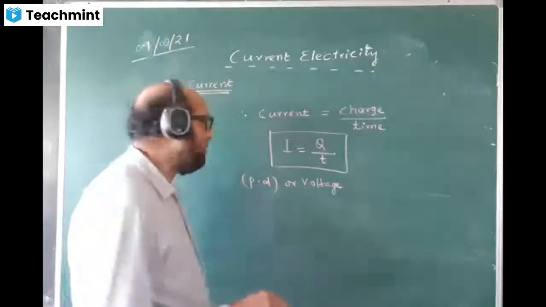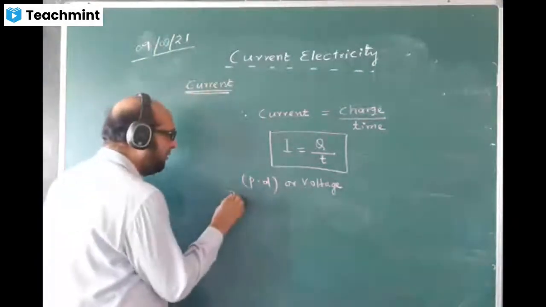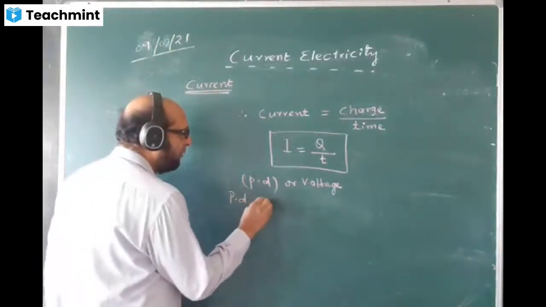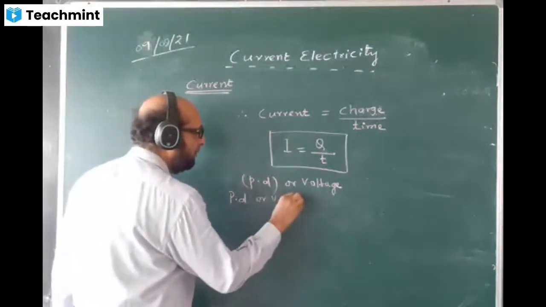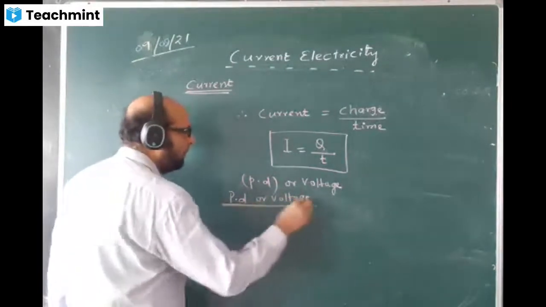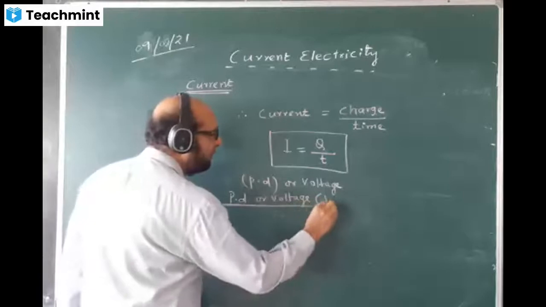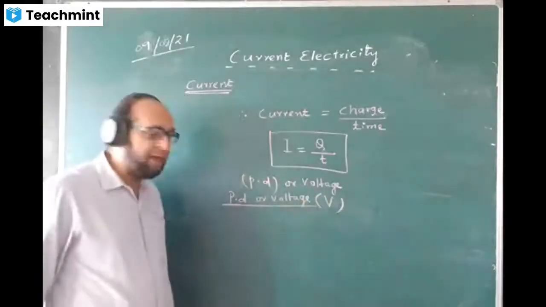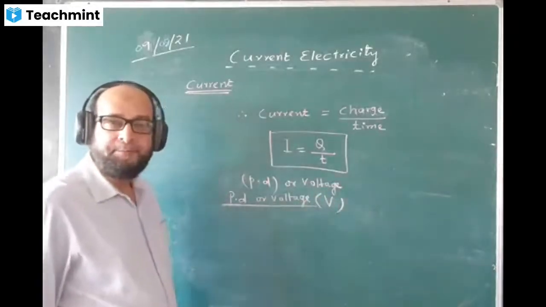Now write down the definition of potential difference, or voltage. Voltage or potential difference is denoted by the symbol capital V. Write down the definition of this.